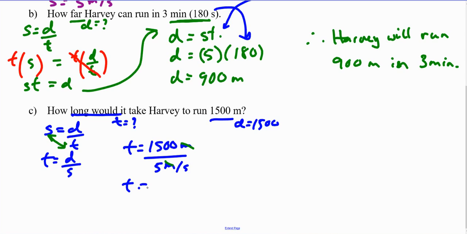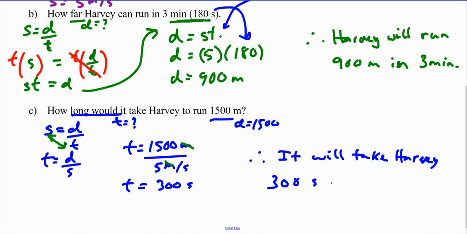And that's what we want for time, and we get 300 seconds. So it will take RV 300 seconds to run 1,500 meters. Okay, great.